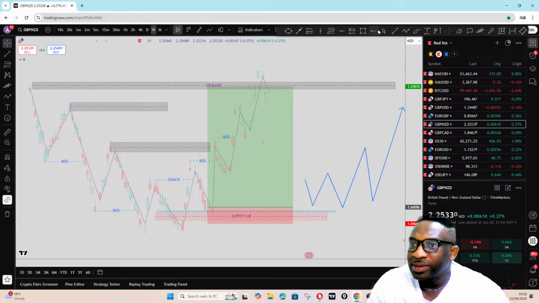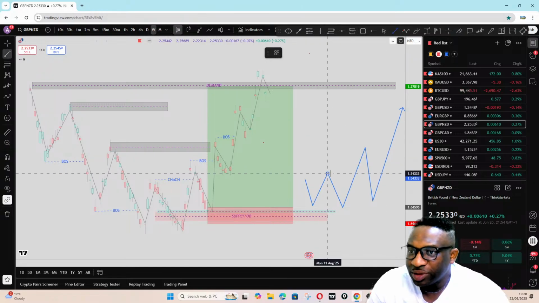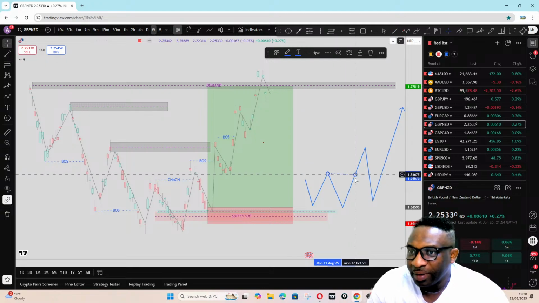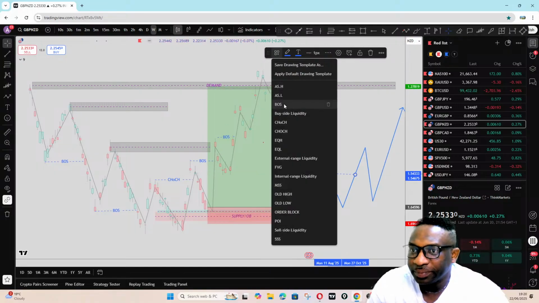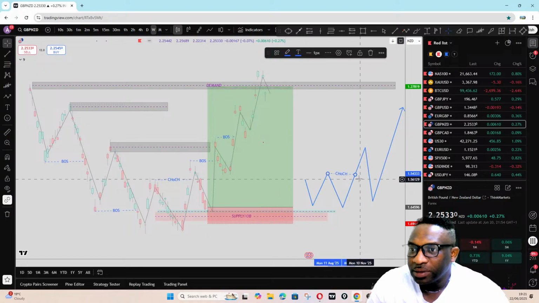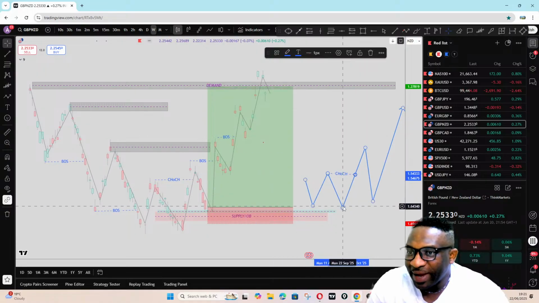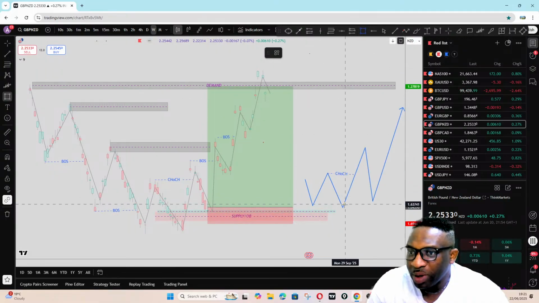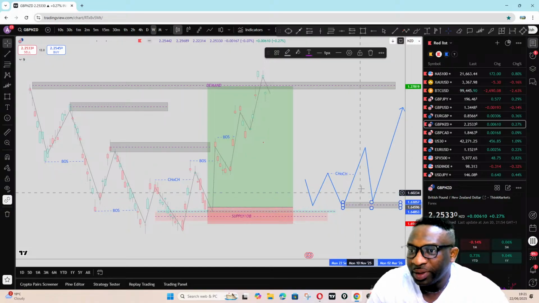Once you have this break, you have this change of character here where price trades above this previous high. That's a change of character. Once you spot this, you identify the origin, which will be somewhere here, the last candle before the move that broke this previous high.